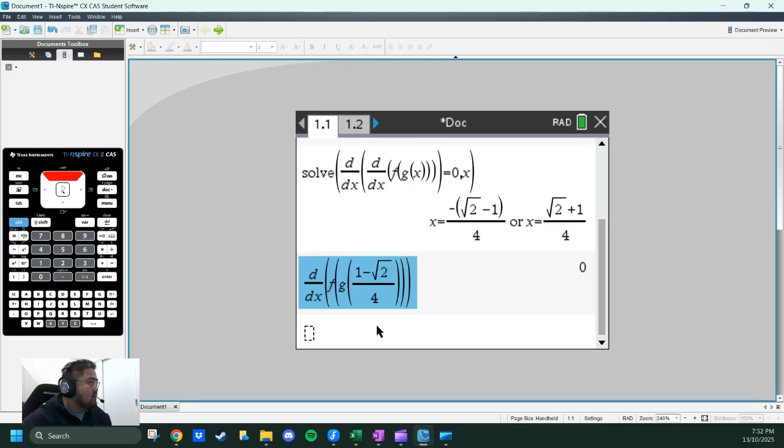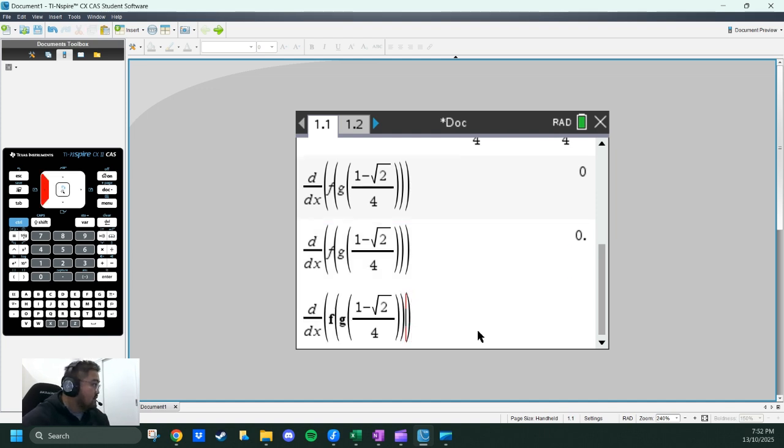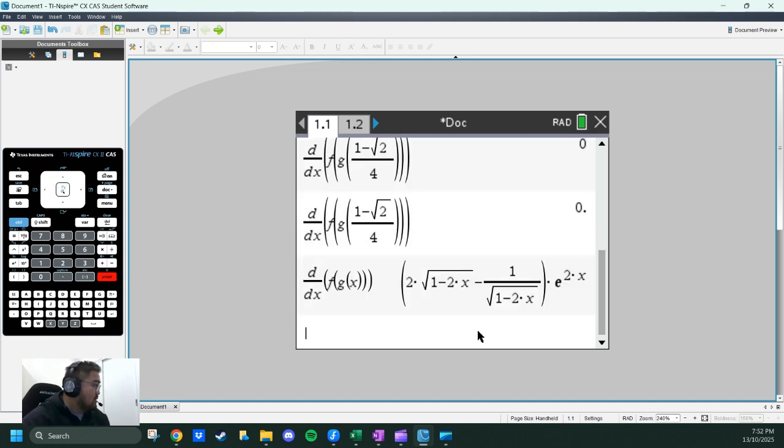Ooh, that doesn't sound right. What have I done here? Oh, I think because we have to evaluate the derivative of fog first and then substitute the value in. So we've got that as our answer.